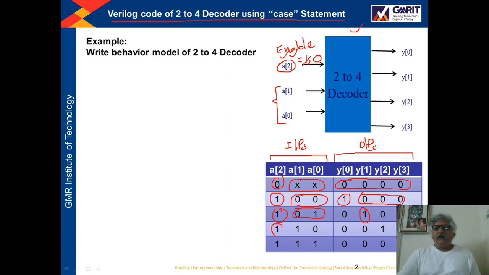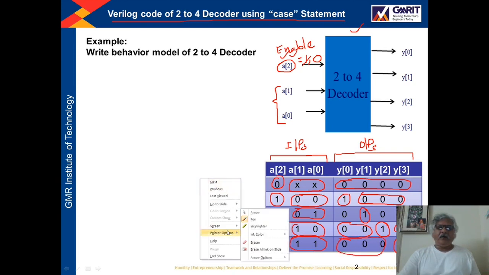Now in the next condition, A2 is 1, and if A1 is 1 and A0 is 0, then output Y2 will be 1 and the remaining outputs will be 0. And in the last condition, if A2 is 1 and A1 and A0 are 1, 1, then output Y3 will be 1 and the remaining 3 outputs will be 0. So this we have to model in the form of Verilog code.